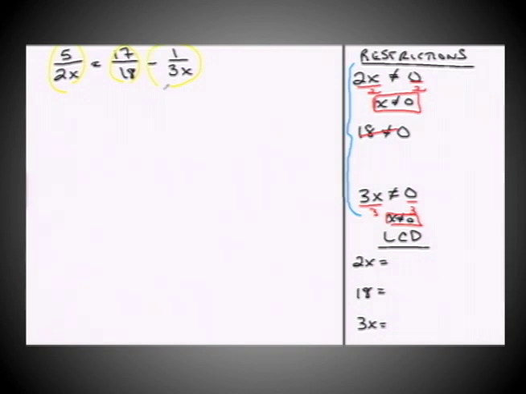We're going to multiply every term by the LCD. Well, I've set off a little area to the bottom right to figure out what the LCD is. So I just want to do the prime factorization for each of my denominators, 2 times x. 18 is 6 times 3, which is 2 times 3 times 3. And then 3x is 3 times x.